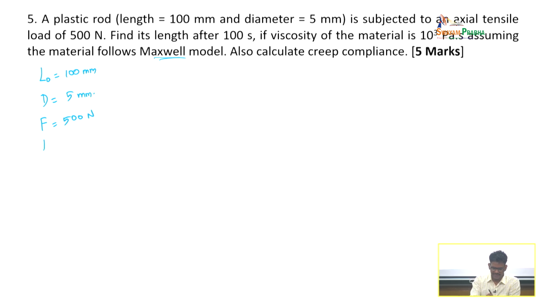We need to find the length at t equal to 100 seconds, and some other data: viscosity is given as 10 power 3 Pascal second, and the material model is Maxwellian. So, we need to calculate L, and we also want to calculate the creep compliance.